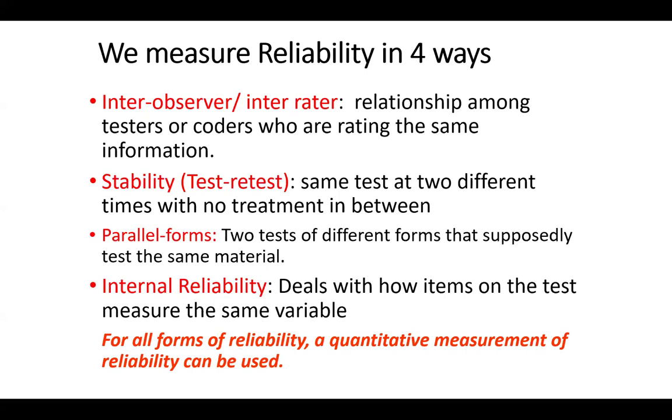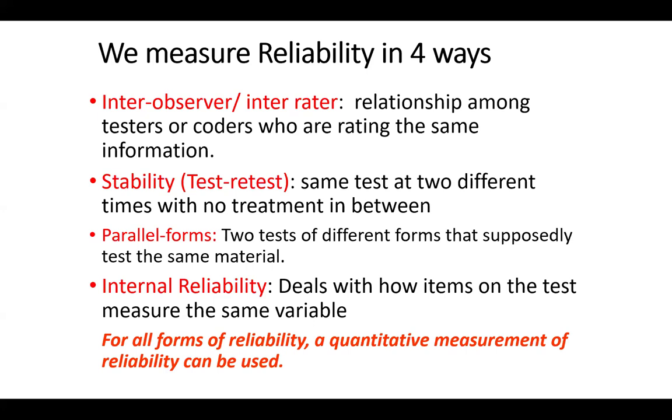You have a scale made of 10 items, and then you find one that's almost the same scale, and you try to see how much these two scales correlate with each other. So two scales that I know are very identical.